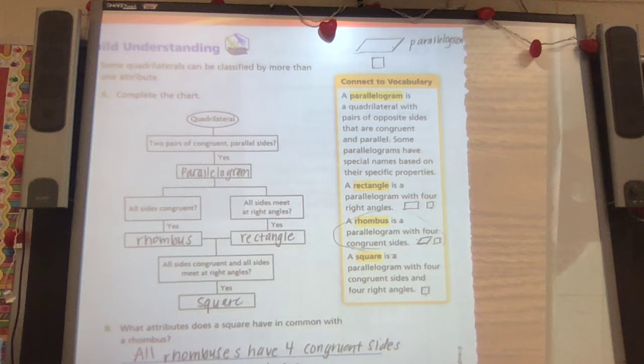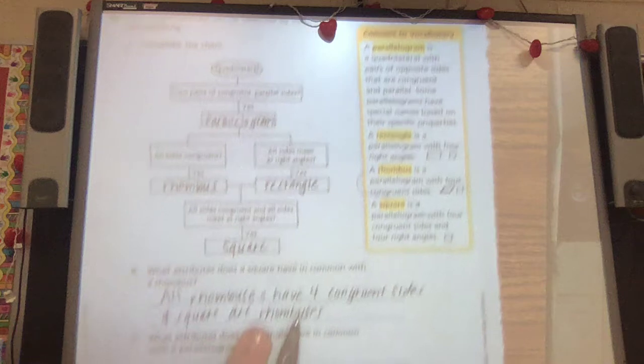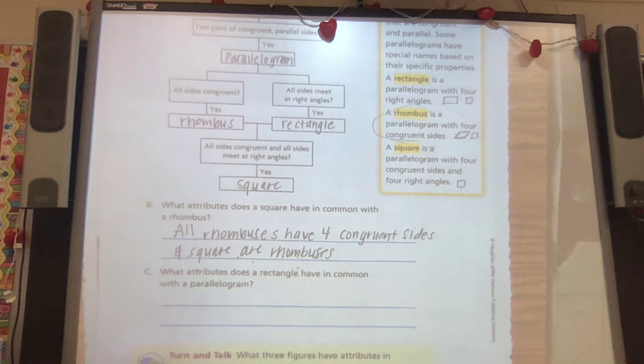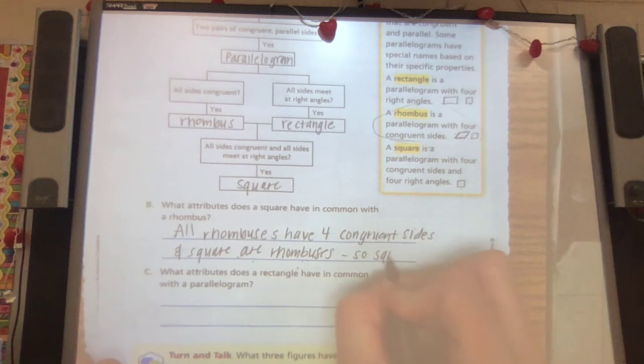I always say, if you're asked, is a square a rhombus? Think about what a rhombus is and think, does the square do everything a rhombus has to do? So squares also have four congruent sides.